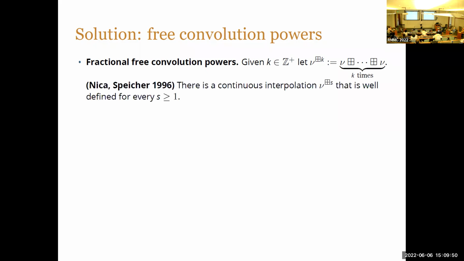Well, Nica and Speicher showed that in fact, for any s greater or equal to 1, even if it's some real number, so non-integer, you can make sense of this convolution, and this interpolates this definition. So when s is an integer, then you recover that definition, and this forms a semigroup.